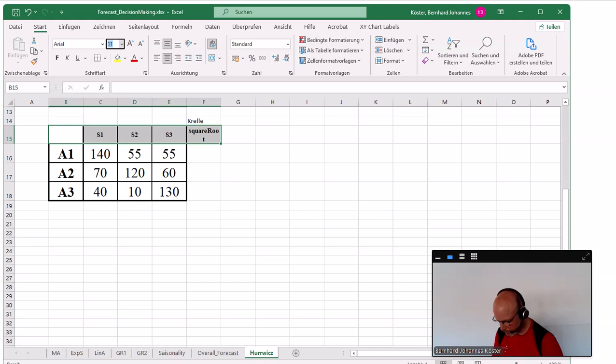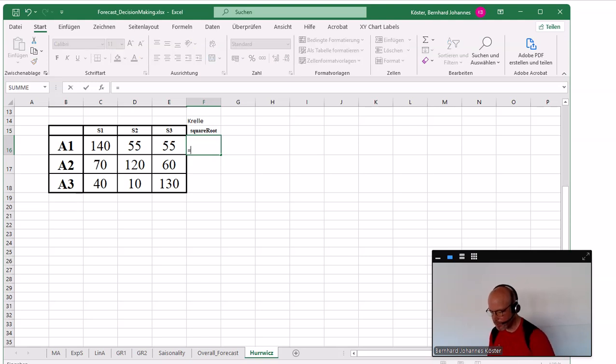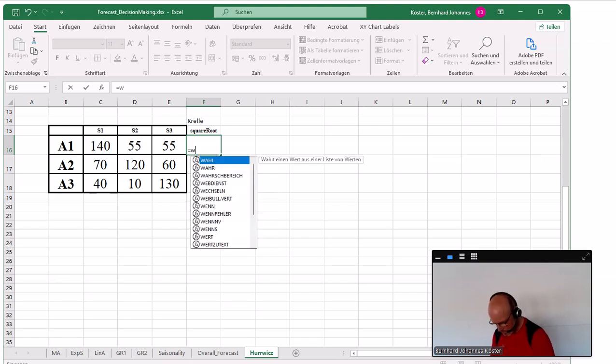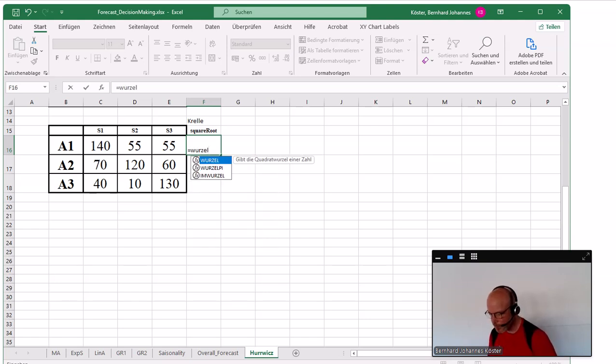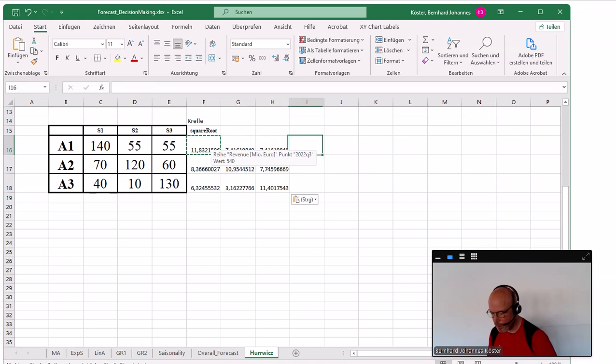So then I take for every scenario alternative pair the square root. And the average afterwards.